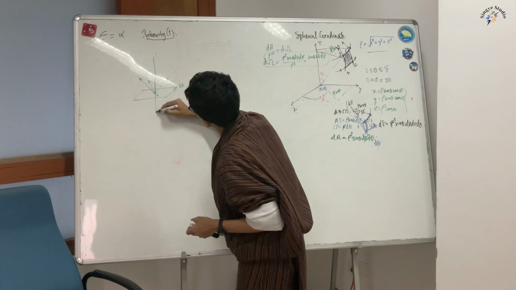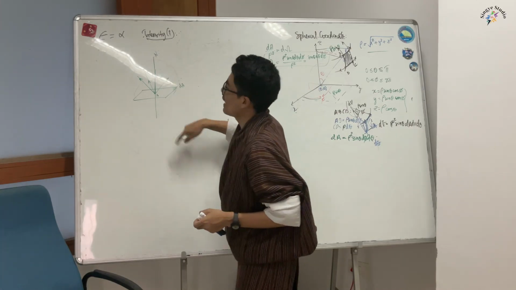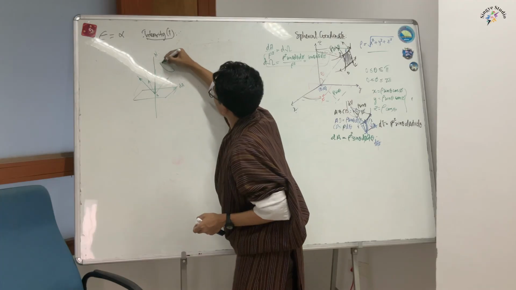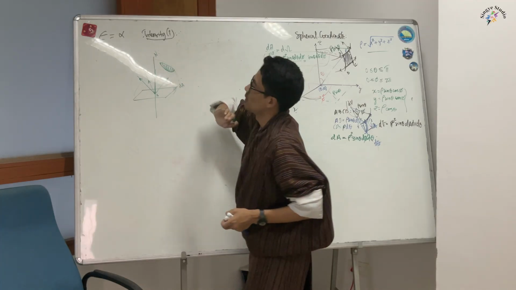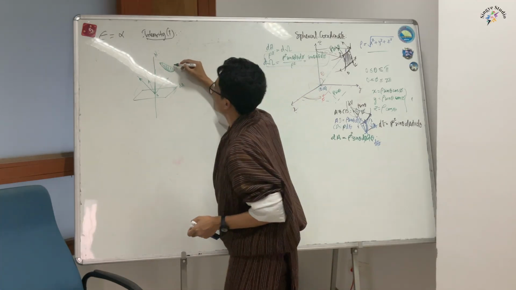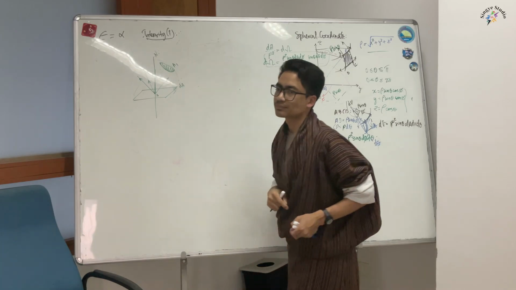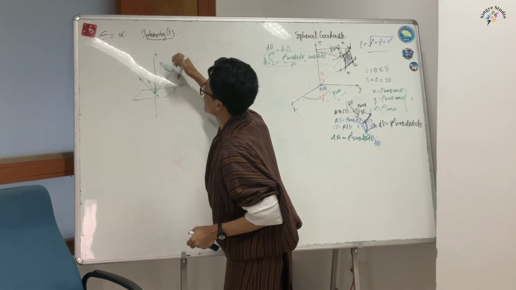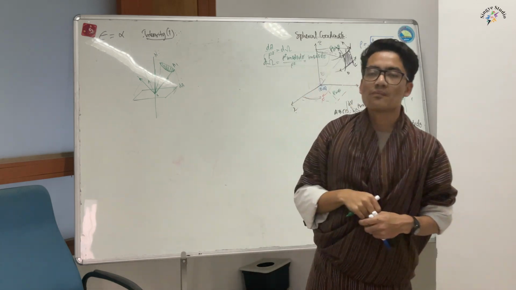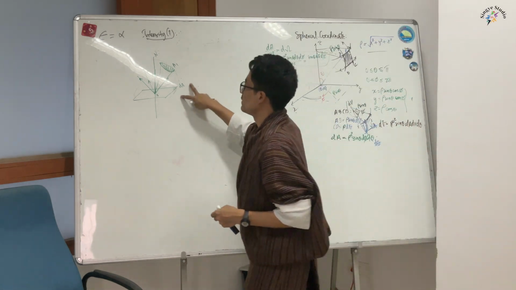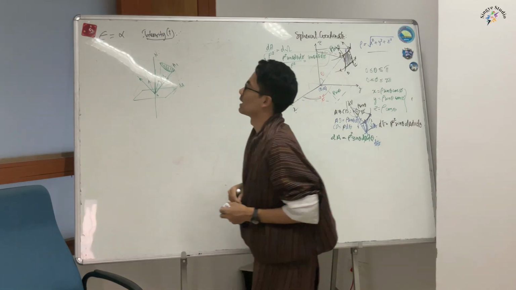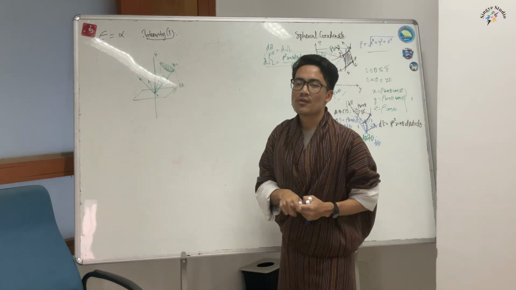Then I want to take some area here, some area of A1, and find what is the solid angle subtended here. If this is in 3D, then this angle is actually my solid angle subtended like that. Right?